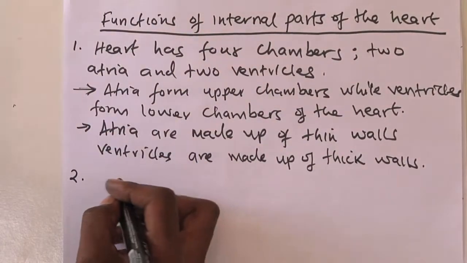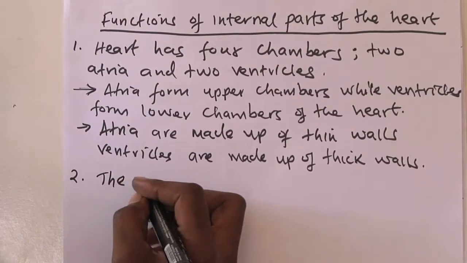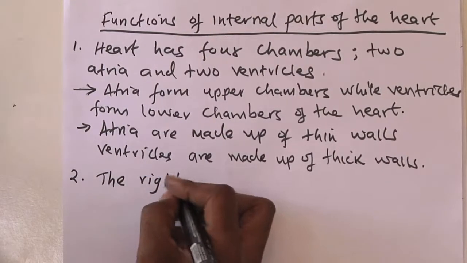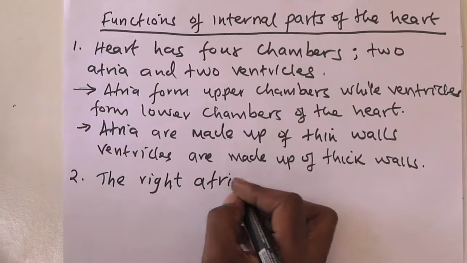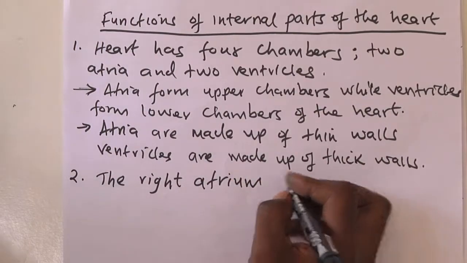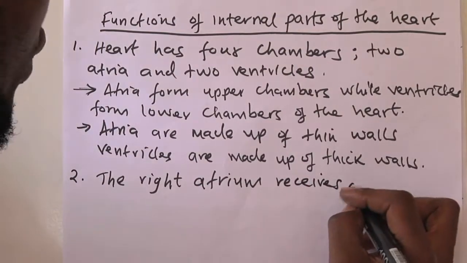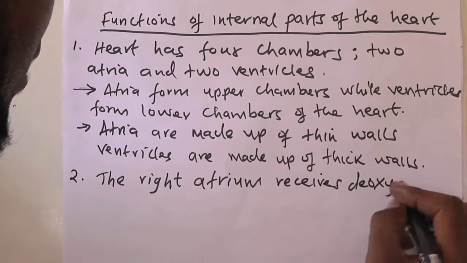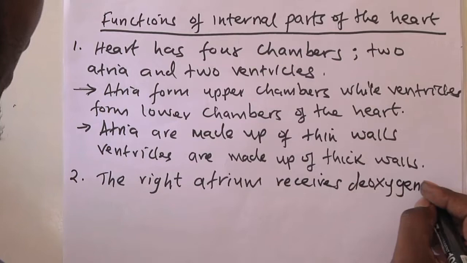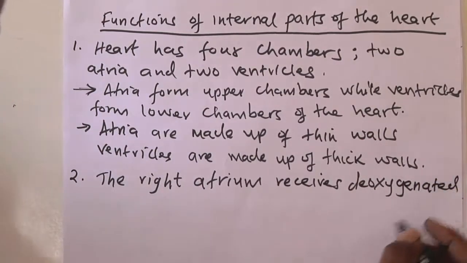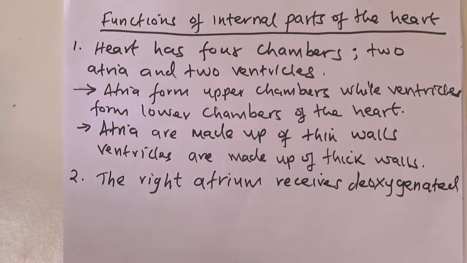We see that the right atrium, as we earlier saw what an atrium is and what a ventricle is, receives deoxygenated blood. And what do we mean by deoxygenated blood? Deoxygenated blood is blood that has less oxygen.